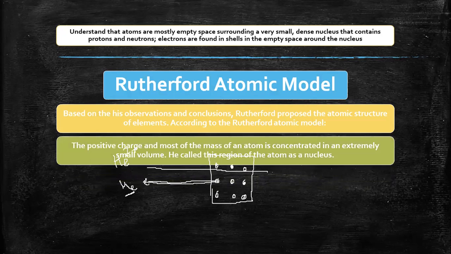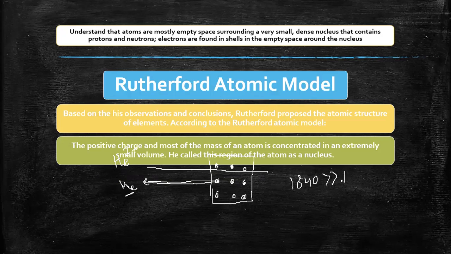Second point was that positive charge and most of the mass of an atom is concentrated in an extremely small volume. We call this region of the atom a nucleus. Protons are 1840 times heavier than an electron.